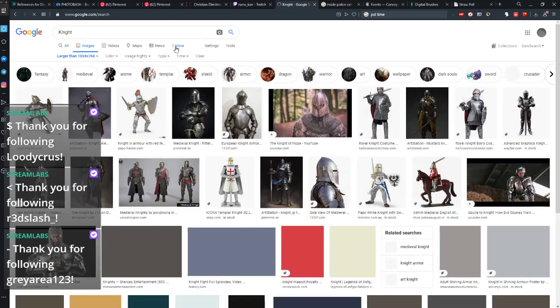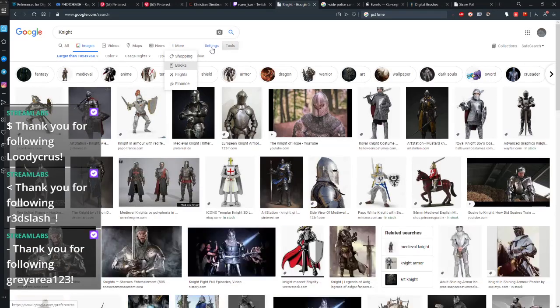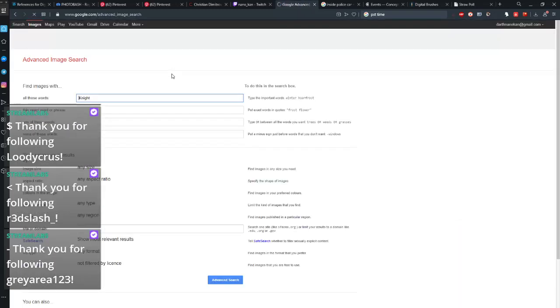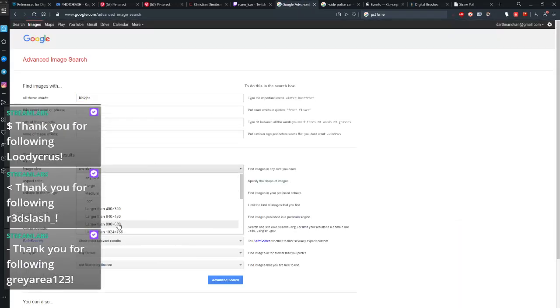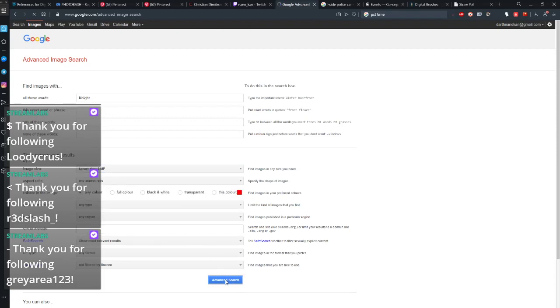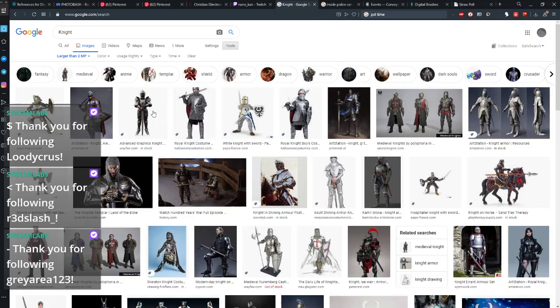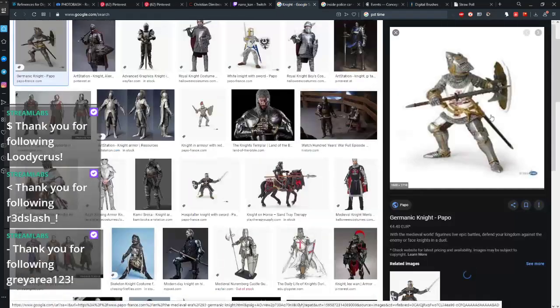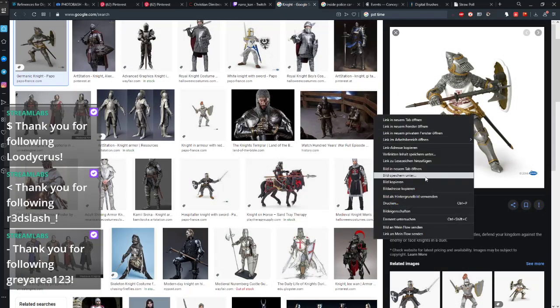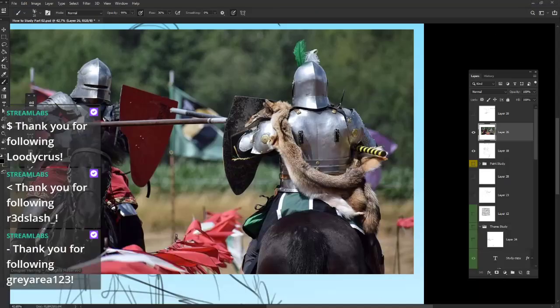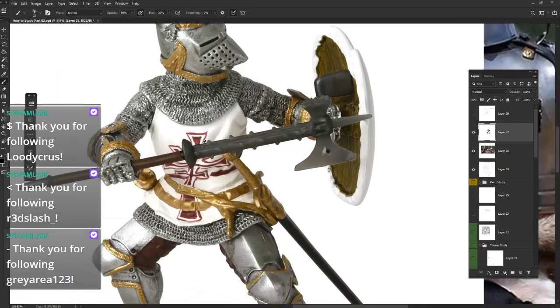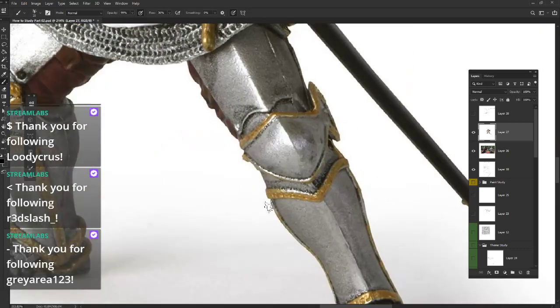So let's go back again at the settings, advanced search. Let me go with 2K. That's a huge thing. You can see all of it now.